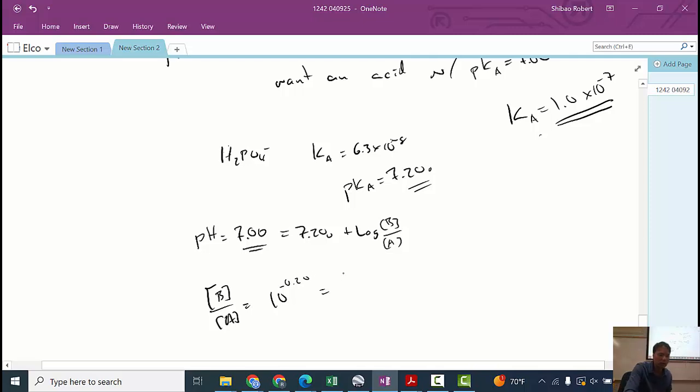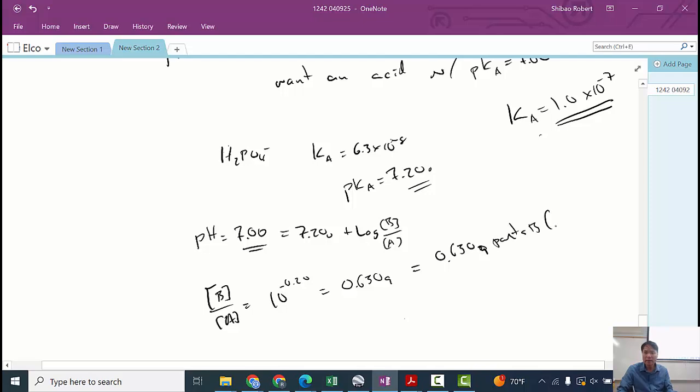So let's do that. Negative 0.20. 0.6309. So what we need to do is put in 0.6309 parts of base.